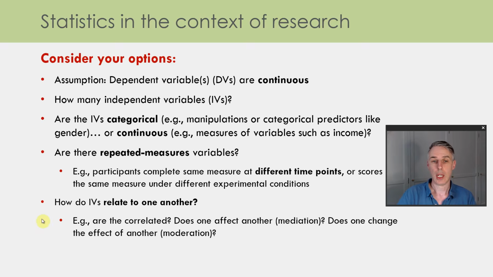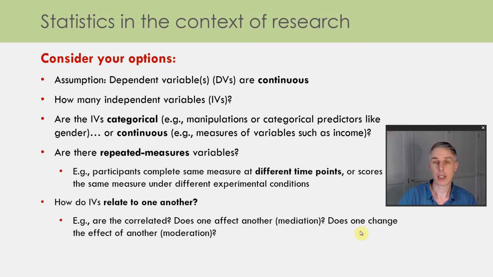Okay. And finally, we also need to think about how our independent variables, if we have more than one, how they actually relate not just to the dependent variable, but how they relate to one another. Are they correlated, for example? And do they potentially affect one another? Okay, does one independent variable affect another independent variable, which might be the case in a mediation design?